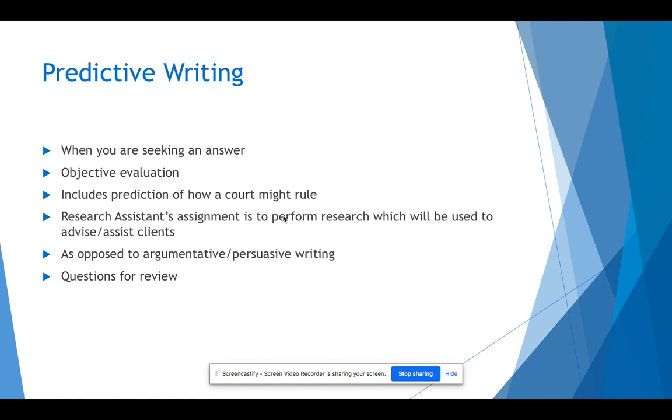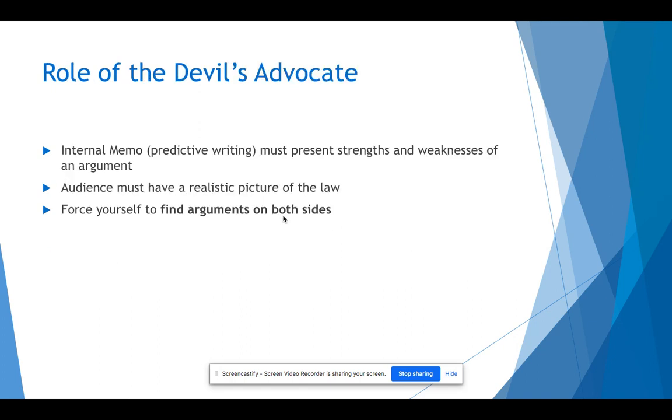And the legal researcher's job is going to be to perform research that will be used either to inform a client or assist the attorneys in how they're going to proceed for the case. Okay, it's not argumentative, it's not persuasive, and you have to figure out what the questions are that need to be researched.